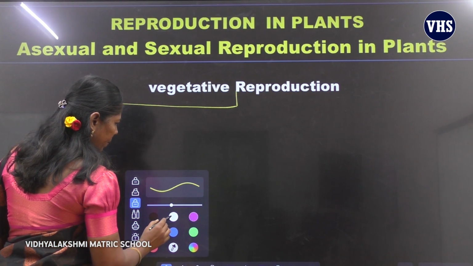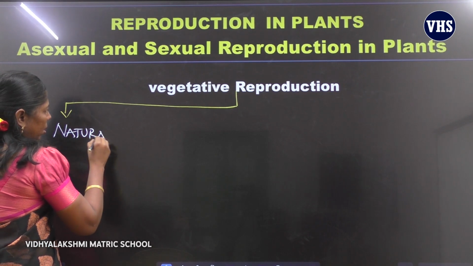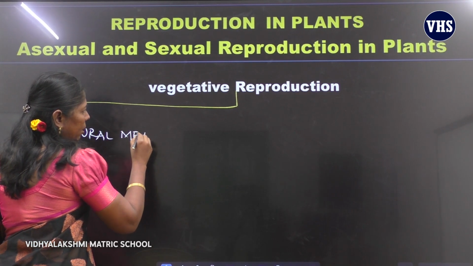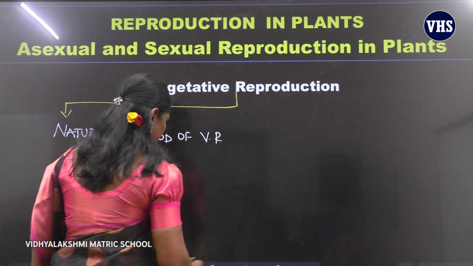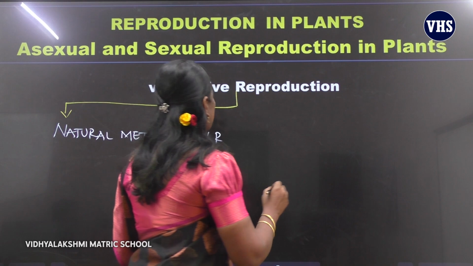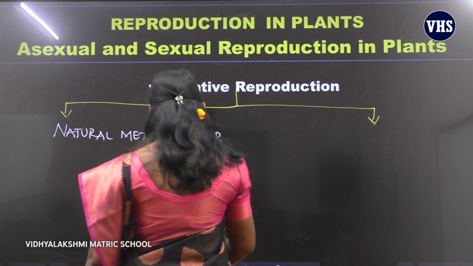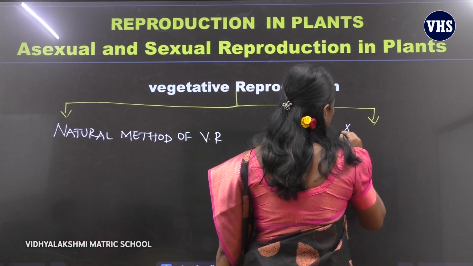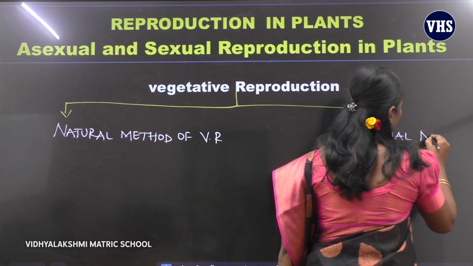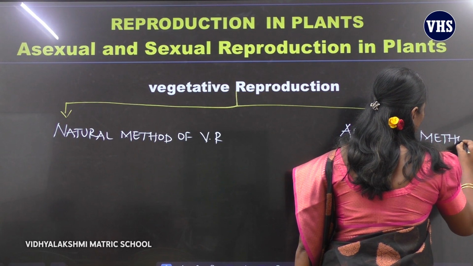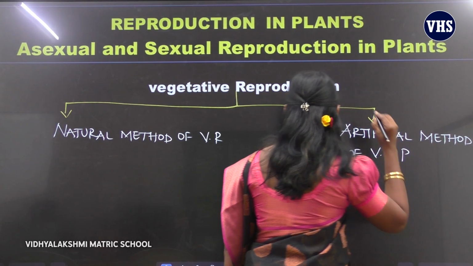One is the natural method of vegetative reproduction, and another one is the artificial method of vegetative reproduction.